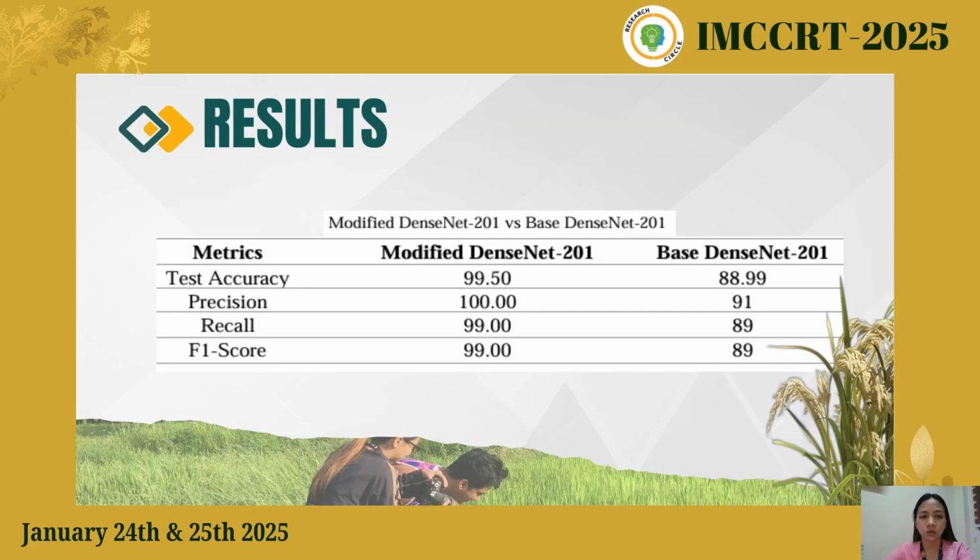In this table, it compares the performance of modified DenseNet-201 and base DenseNet-201 models. The modified model performs better across all metrics including F1 score, precision, recall, and test accuracy. It has a high F1 score of 99%, showing a strong balance between precision and recall, while the base model has a lower score of 89%.